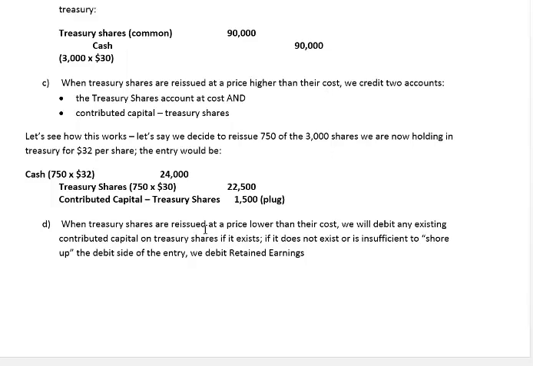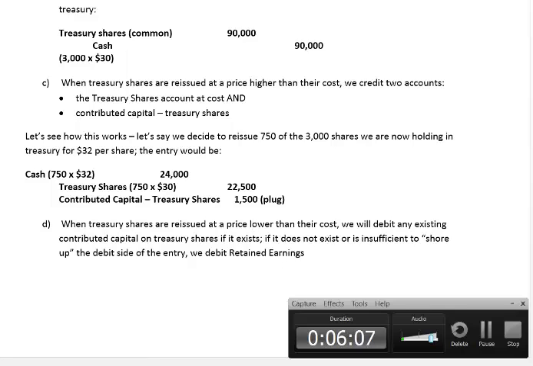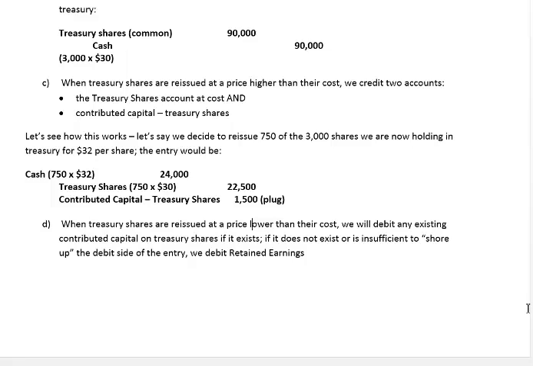Let's say we reissue the treasury shares at a price lower than their cost. If you reissued those treasury shares at a price lower than their cost, then you're going to be a little light on the debit side. Why?